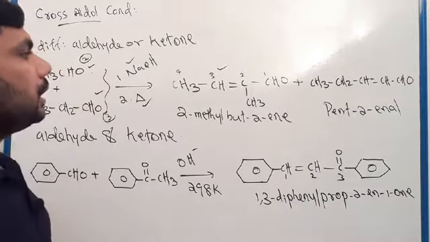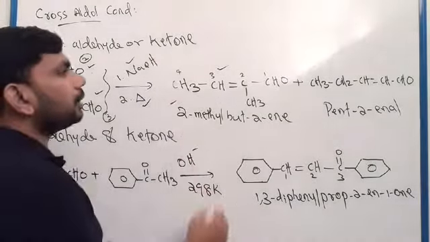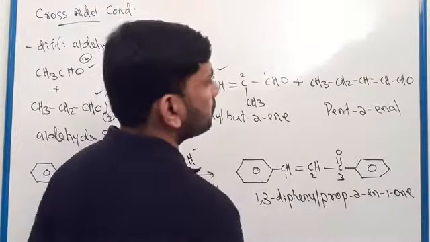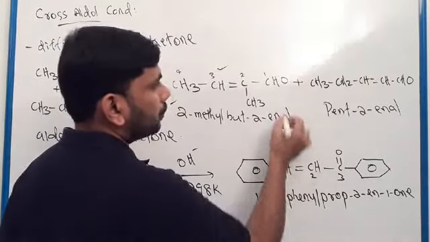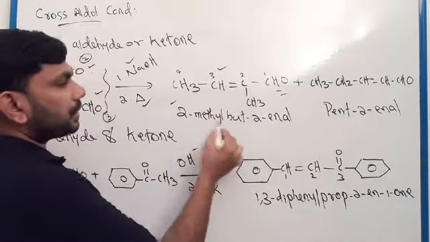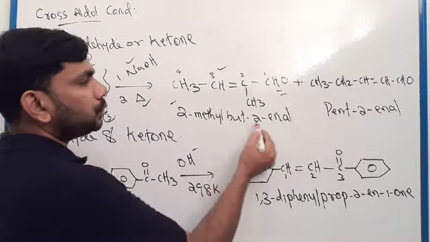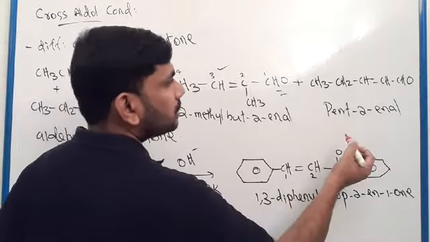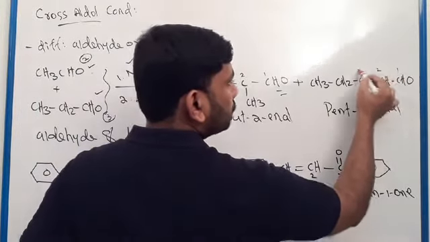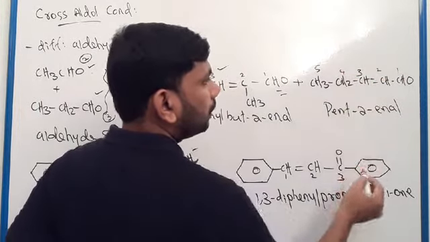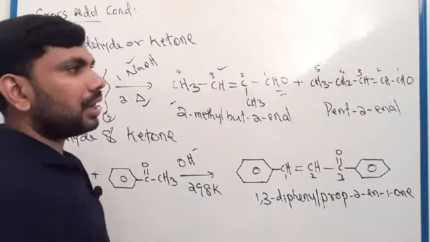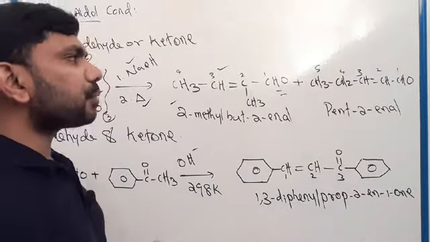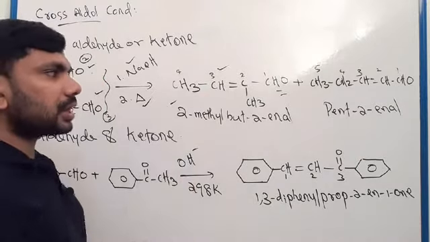This is the name of this compound, and here it will be butenal, because it is an aldehyde. 2-methyl-butenal. And here it is 1, 2, 3, 4, 5 carbons, and at the second carbon there is a double bond, so pentenal. So a mixture of products is formed during this aldol condensation.